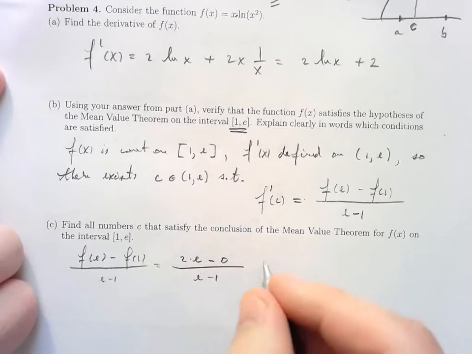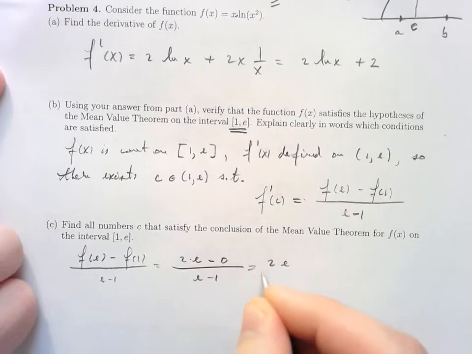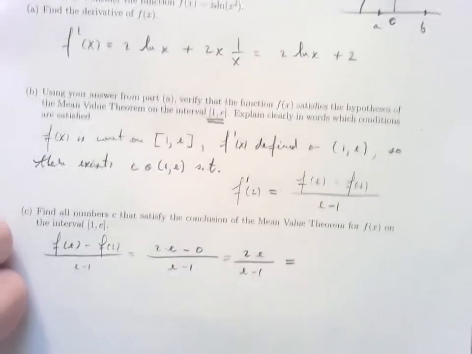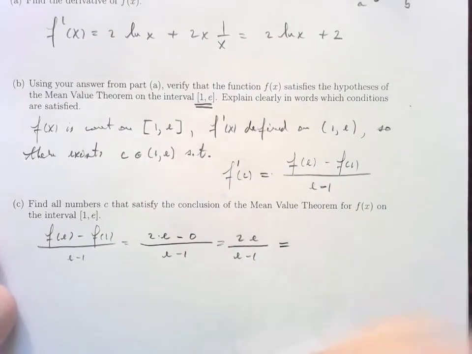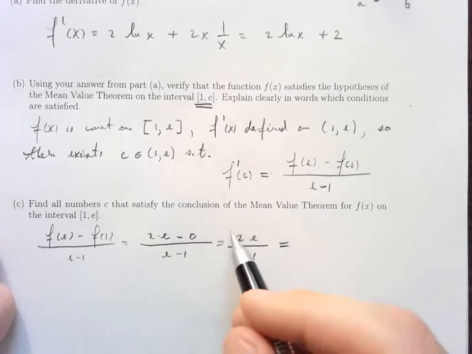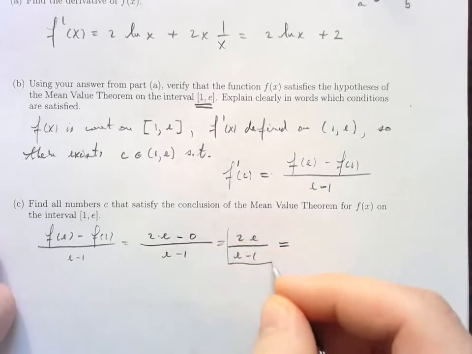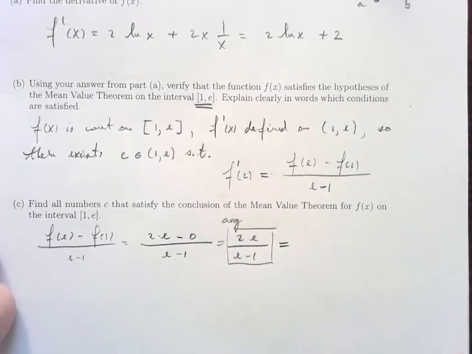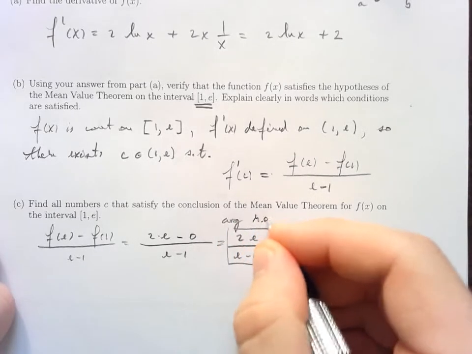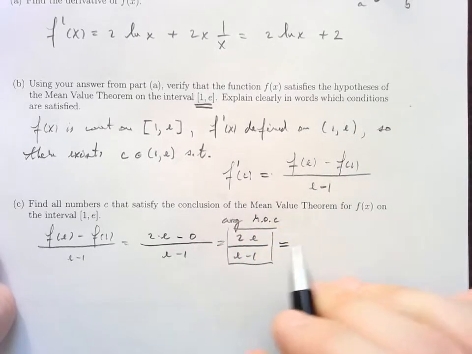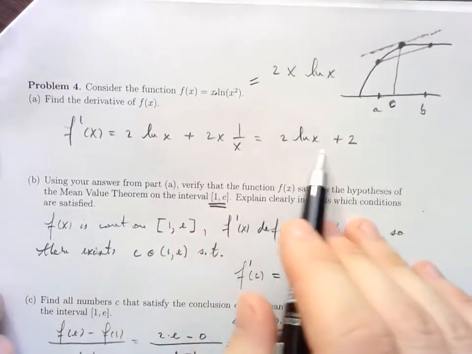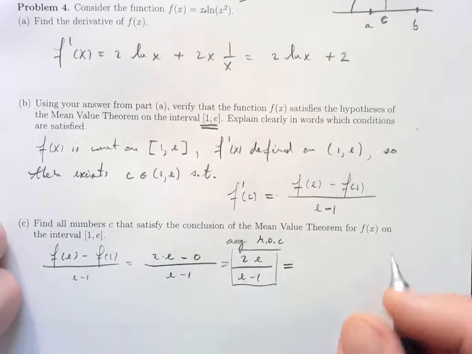So this is 2e over e minus 1, and I want to find some number for which the derivative attains this value, right? So this is the average rate of change, and I want to set this equal to my derivative, which I found here, and then solve.